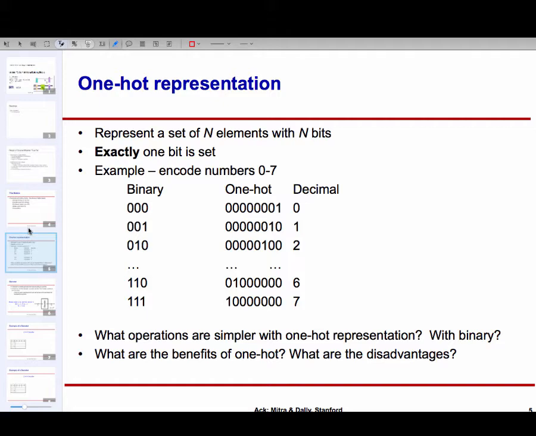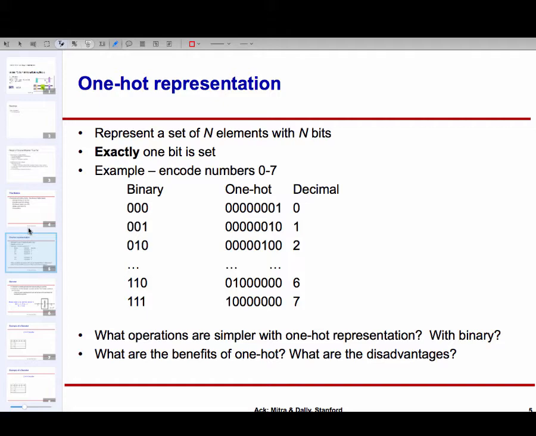One and only one bit out of the 10 bits is going to be high. That's called one-hot coding. In the example on the slides, we are representing numbers from 0 through 7, so there are 8 of them, and therefore we have 8 bits, and in each code exactly one bit is 1 and the rest are 0.